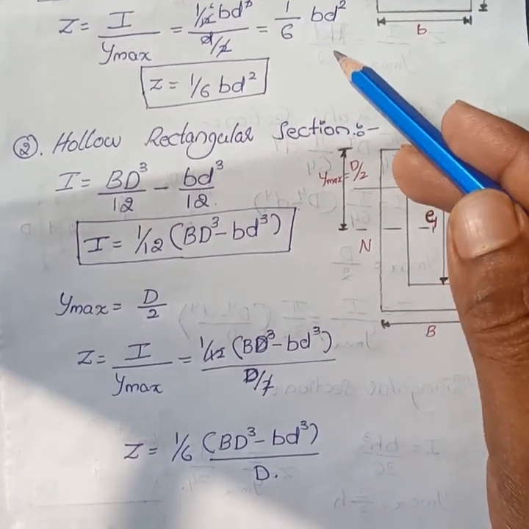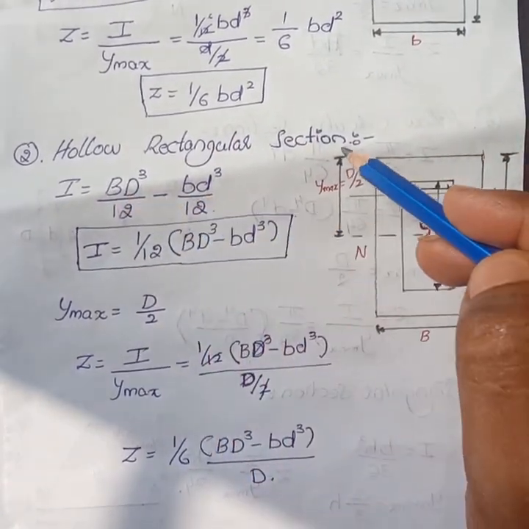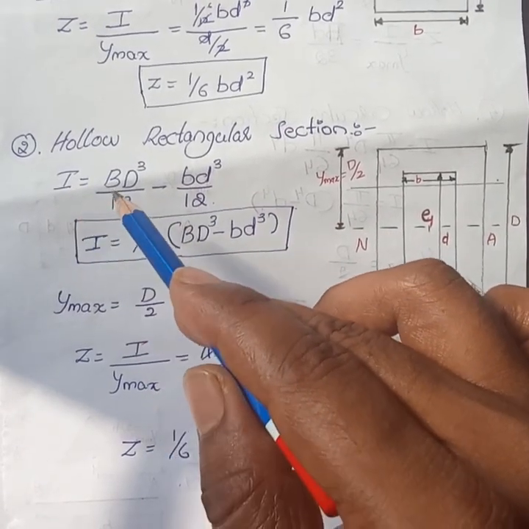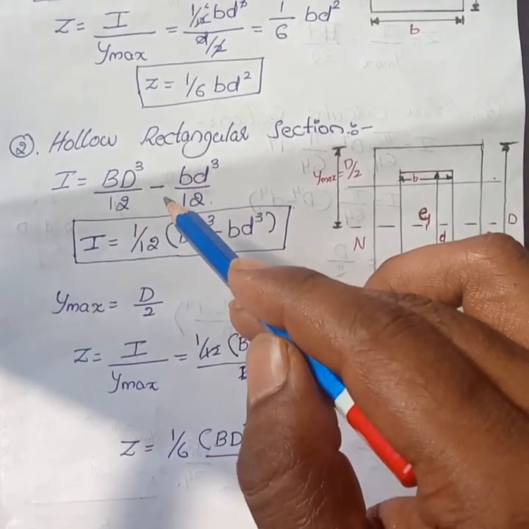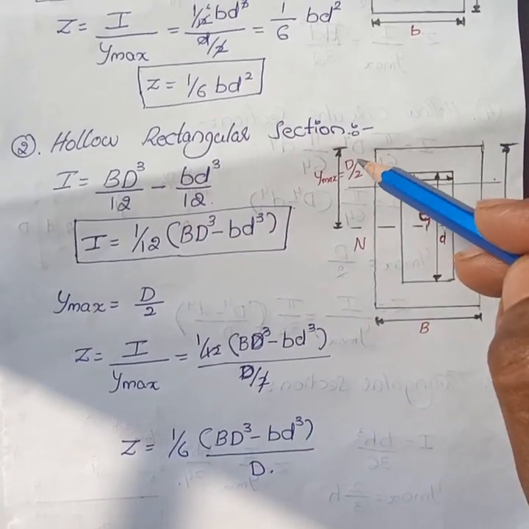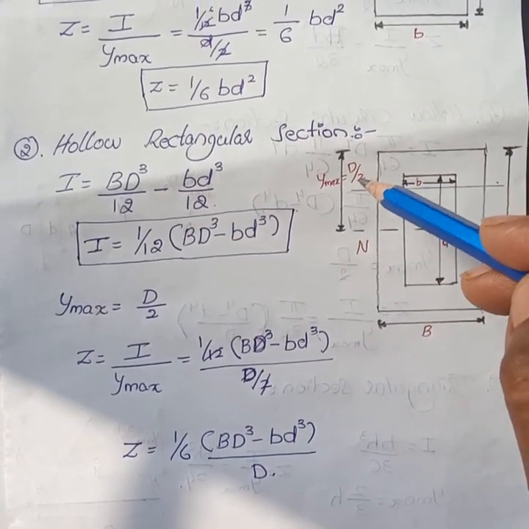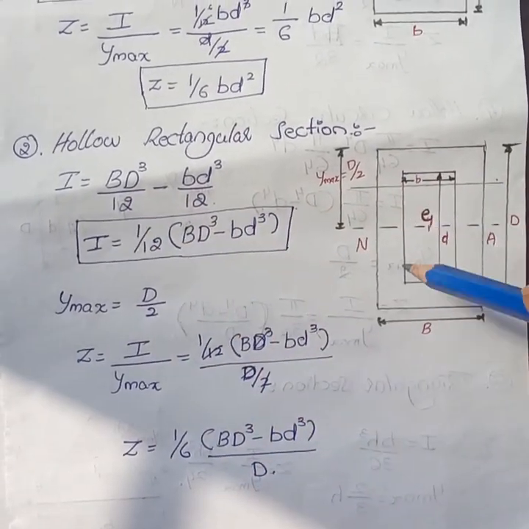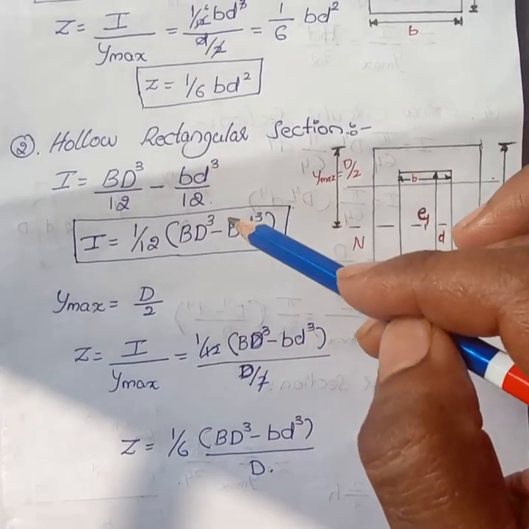Next, similarly, for the hollow rectangular section, I equals to BD cube by 12 minus bd cube by 12. So outer of the rectangle BD cube by 12 and inner of the rectangle bd cube by 12.